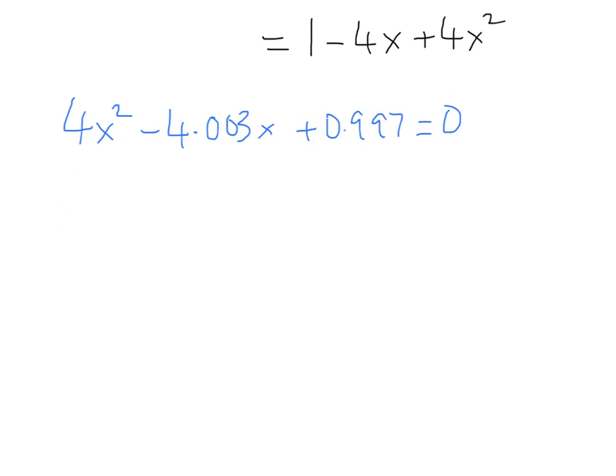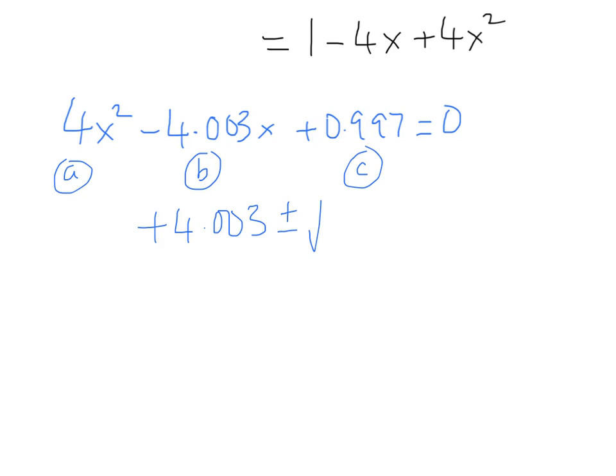So again, we've got minus b, so that's minus minus, so that's plus 4.003. So that's our b, that's our a, and that's our c. Plus or minus root b squared, so that's minus 4.003 squared minus 4 times a times c, 0.997.